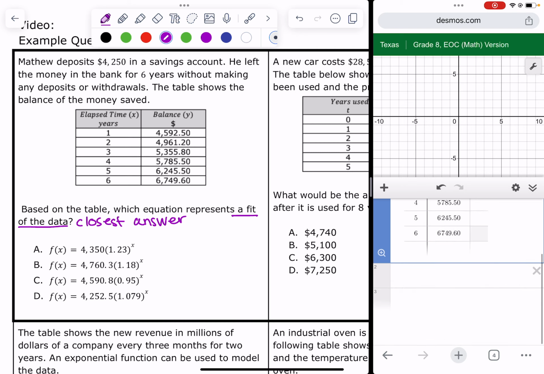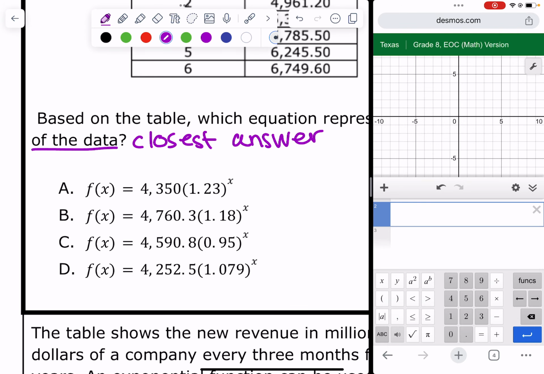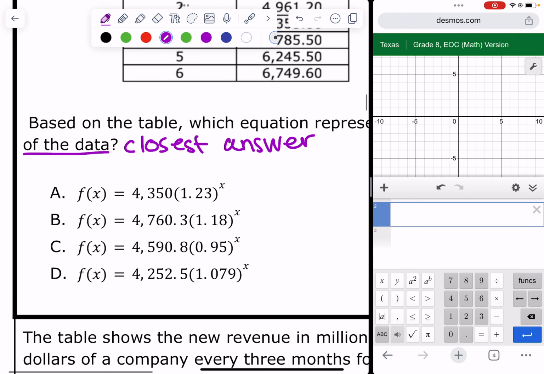And instead of the y1 squiggly line mx1 plus b, I want to look at my answer choices. I see a little x. So I know I'm going to use y1 squiggly line a, b, little x, little 1.